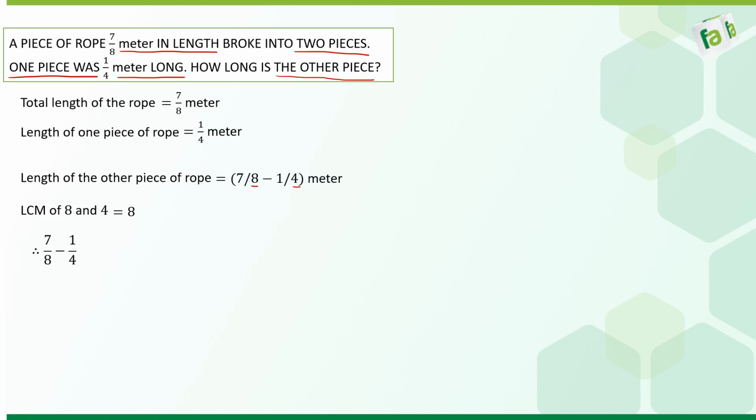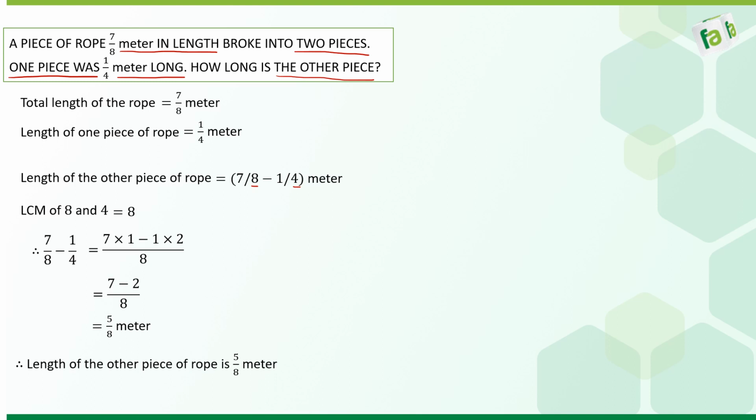So, 7 by 8 minus 1 by 4 is equal to 7 multiplied by 1 minus 1 multiplied by 2 divided by 8. Now, by multiplying and subtracting the fractions, we get 5 by 8 meters. Therefore, the length of the other piece of rope is 5 by 8 meters.